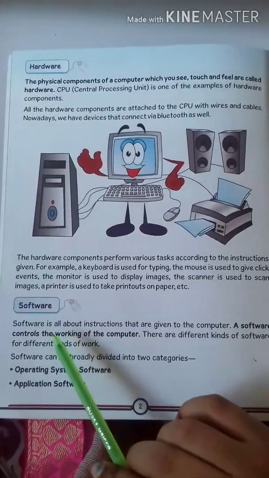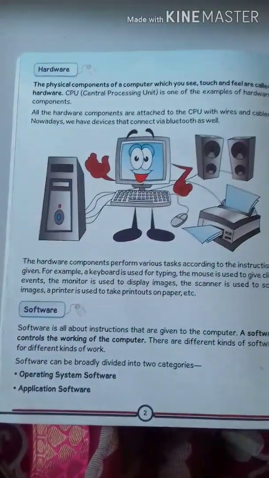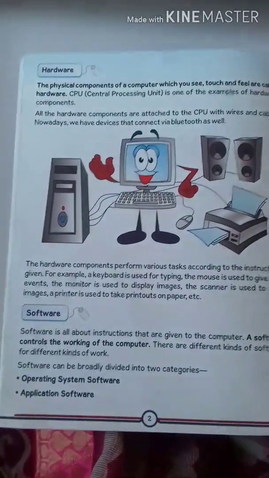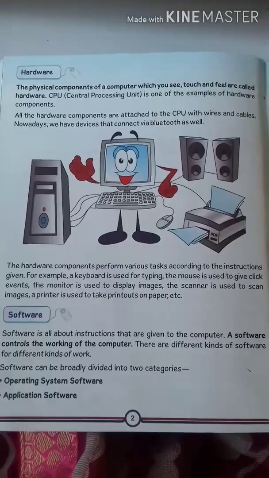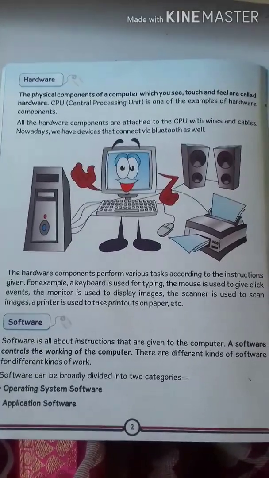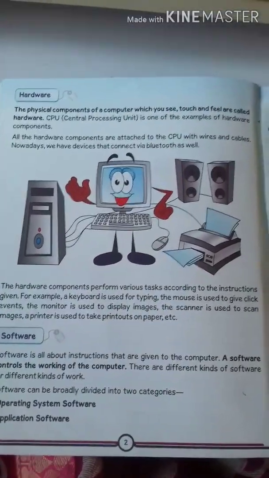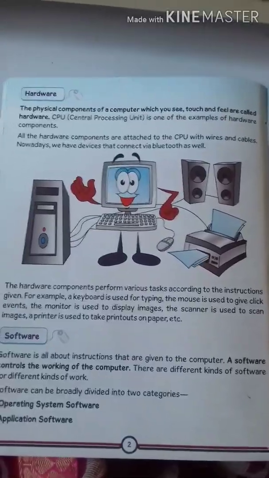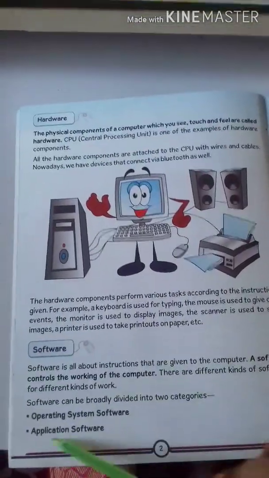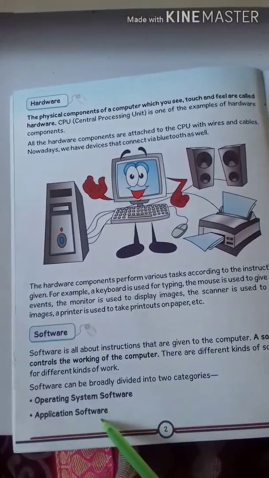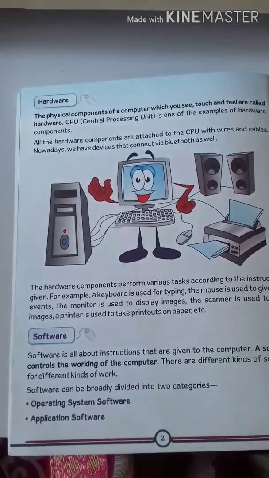Software is all the instructions that are given to the computer. Software controls the working of the computer. Software is divided into two categories: first is operating system and second is application software.